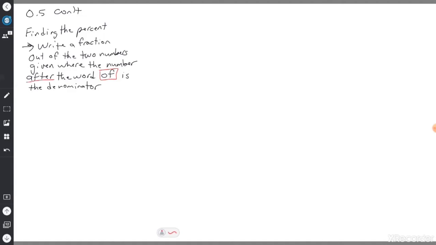Okay. So with this one here, finding the percent, when we're actually looking for the percent, the last example we were given the percent. So when we're finding the percent, we want to write a fraction out of the two numbers given, where the number after the word of is the denominator. And then reduce, of course.